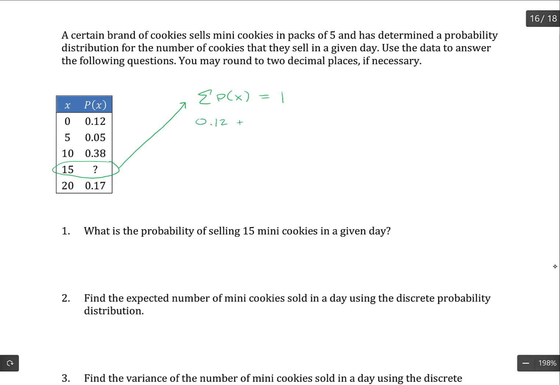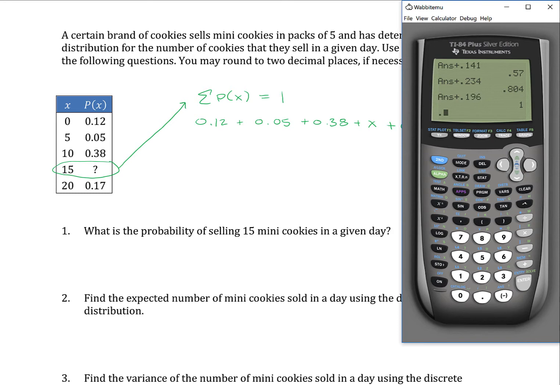So if we add up all the probabilities that we have so far, taking care to just leave a variable, perhaps x, for the missing probability, then the sum of all those numbers has to be equal to 1.